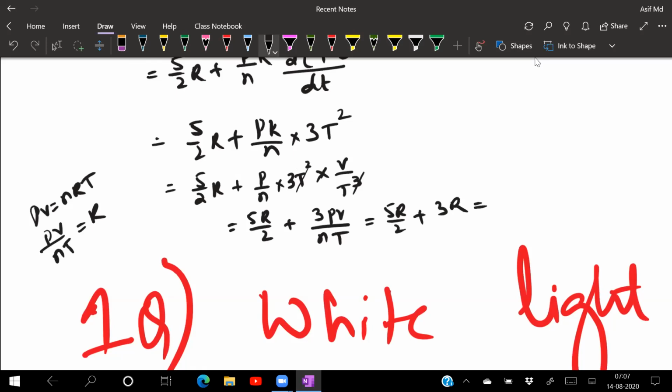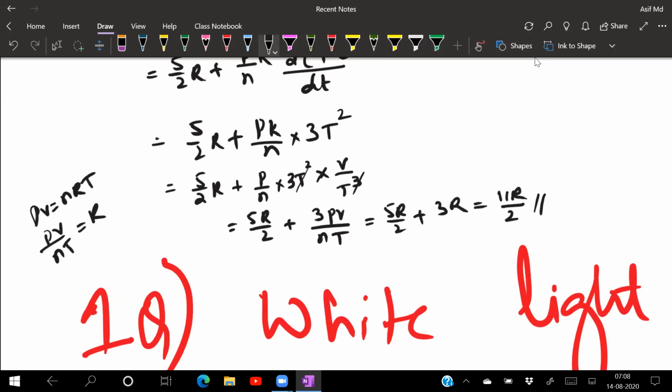So in this one, R is common: 5 by 2 plus 3. 2 is the LCM, so it is 5 plus 6, that will be equal to 11. So it is 11R by 2.